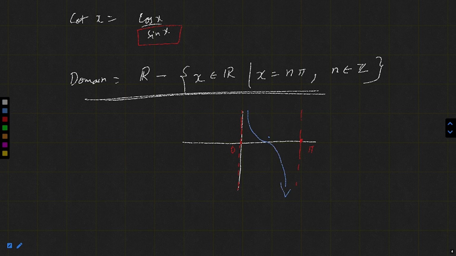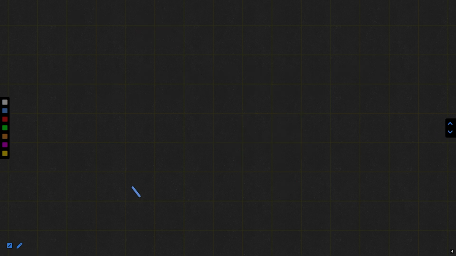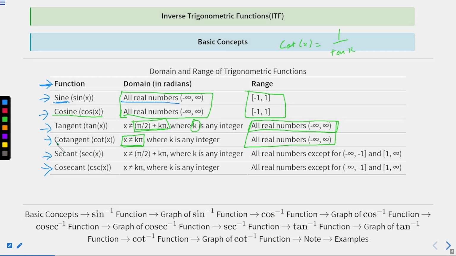So from here it is going to minus infinity, from here it is plus infinity. Okay, I hope it is now clear to you. Now, as you know, cos x is 0 at where? You all know, at pi by 2. So the graph will cross zero at the pi by 2 point.